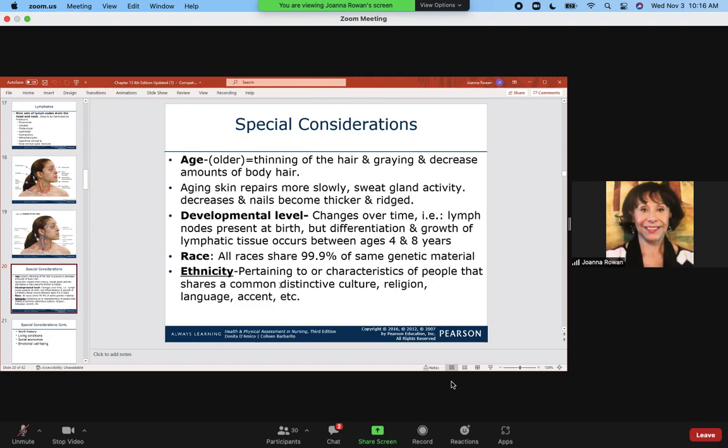Race: all races share 99.9% of the same genetic material. Ethnicity pertains to or is a characteristic of people who share a common distinctive culture, origin, language, and accent. So you can change ethnicity, but you cannot change race.